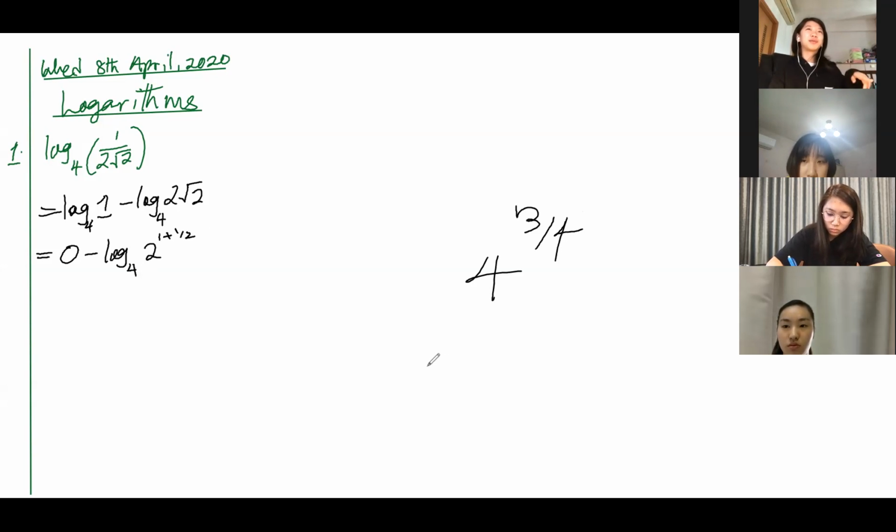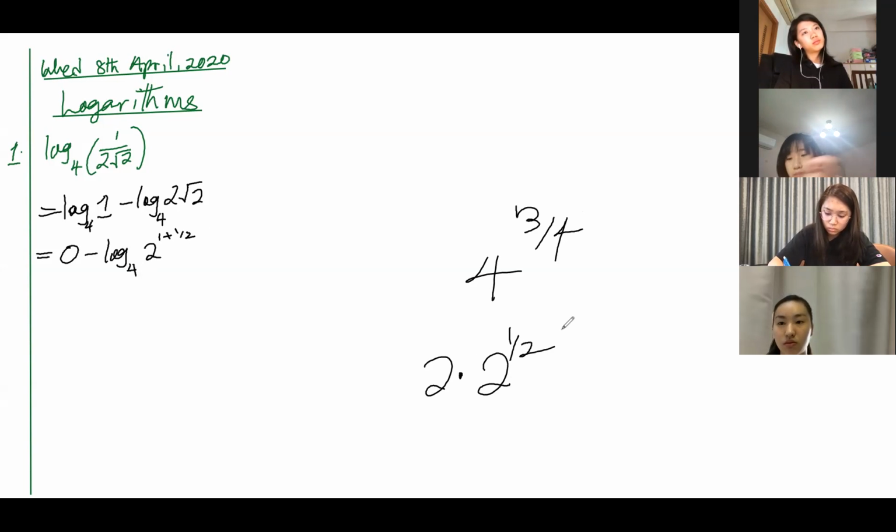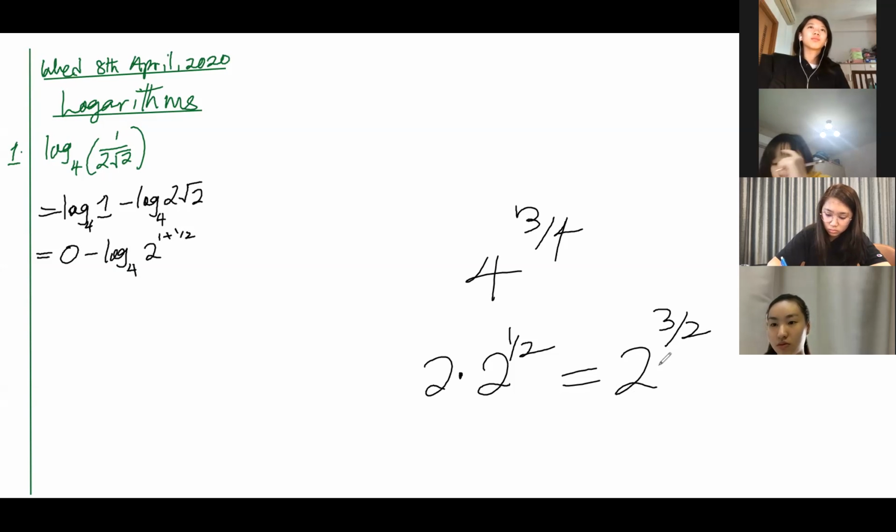So I went like 4 to the power of half. This is 2 times that, isn't it? Mm-hmm. That is 3 over 2. Or maybe you change this to 4. You change this to 4 raised to power half, then this is 3 over 2.